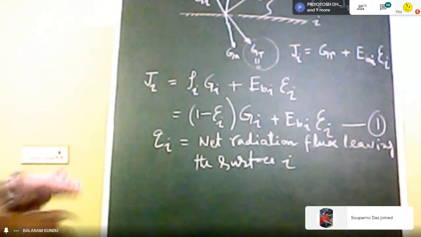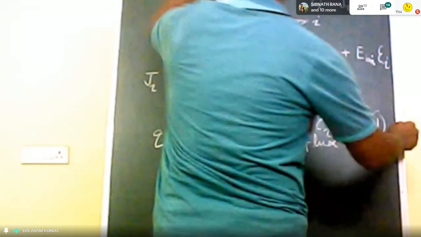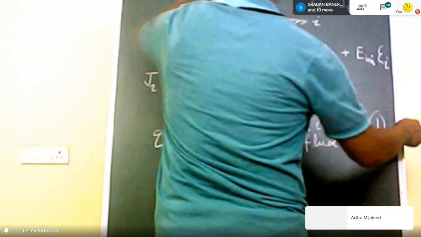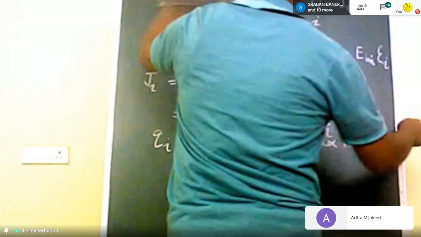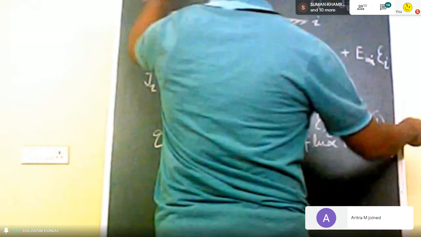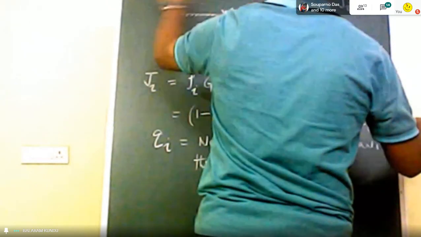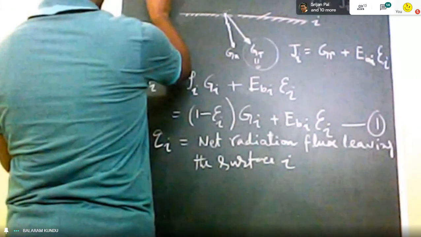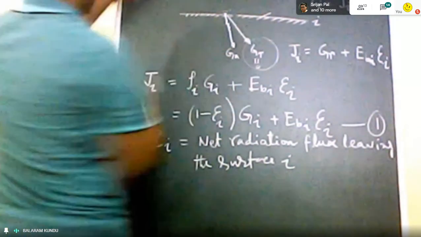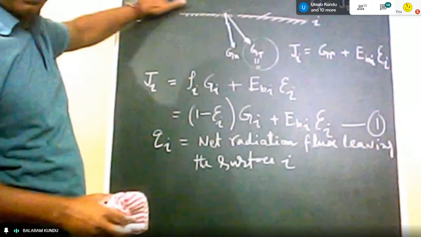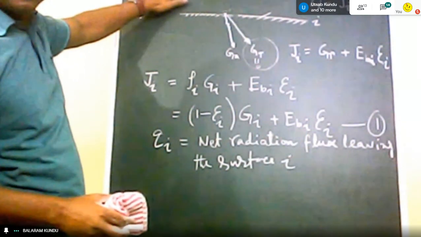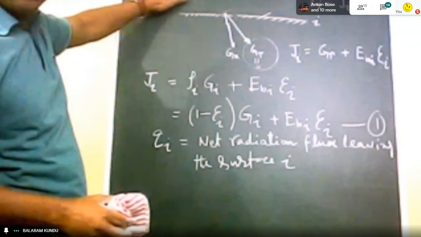So therefore, finally we can obtain one mathematical expression connected with qi. Can you see this part?